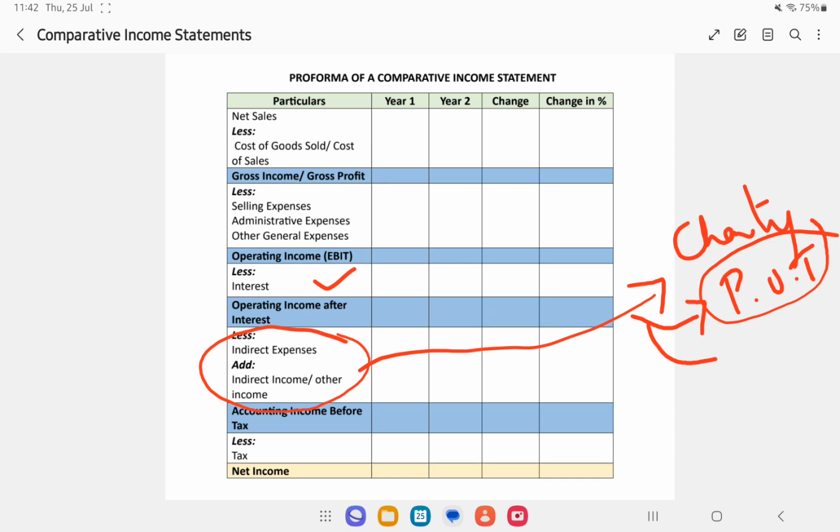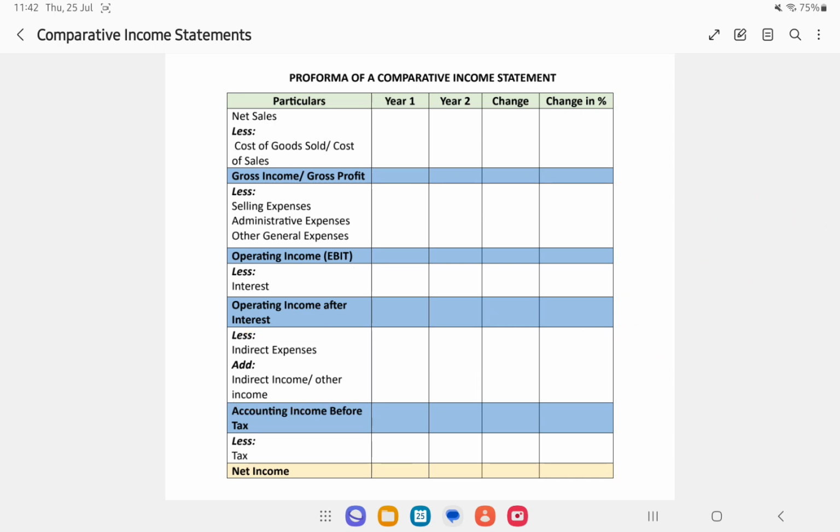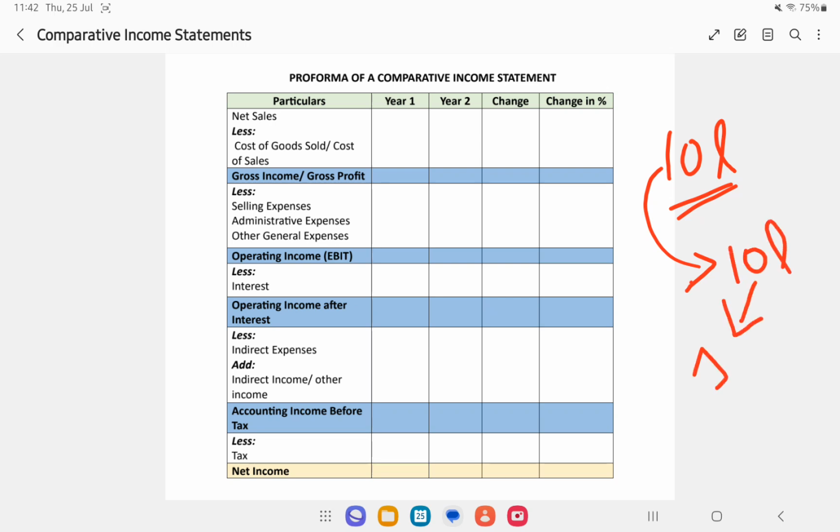And indirect income is all other income of a company other than sales. I will give you an example. Think our company had 10 lakh rupees with us. We didn't have any use for that. That means we have no plan of doing anything with it. So what we did, the company invested that 10 lakh rupees in another company, and from there we are getting interest as income.